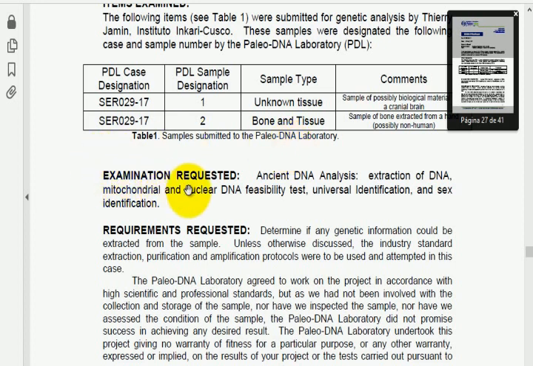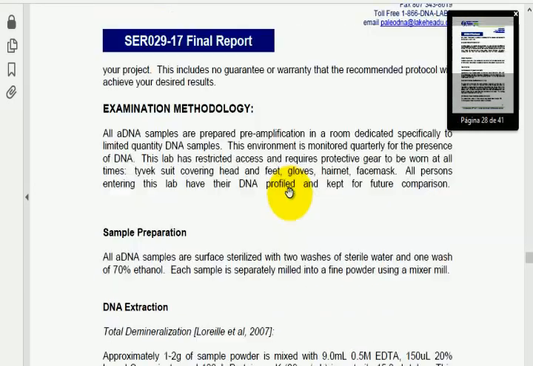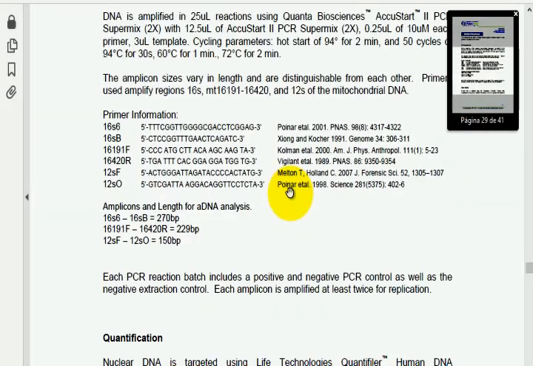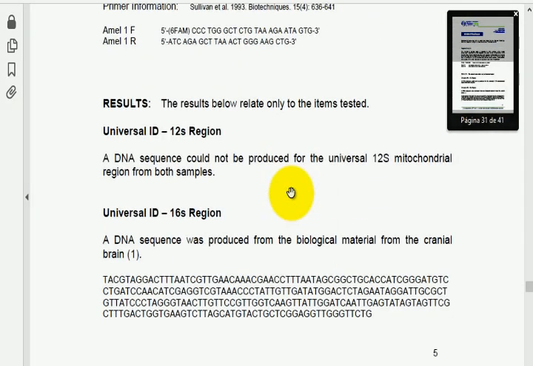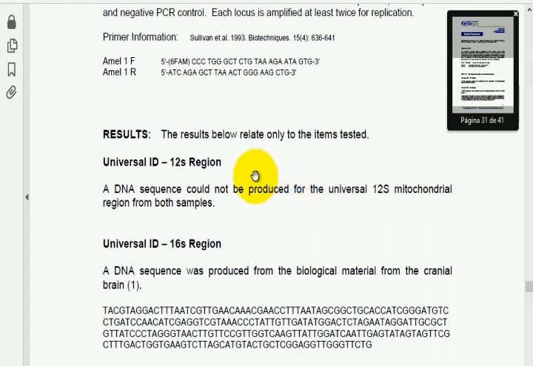The examination requested is ancient DNA analysis, extraction of DNA, mitochondrial and nuclear DNA feasibility test, universal identification, and sex identification. Now we can go to the results. Here, the results.